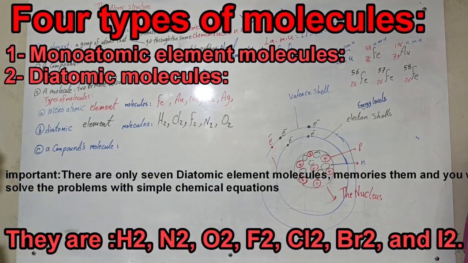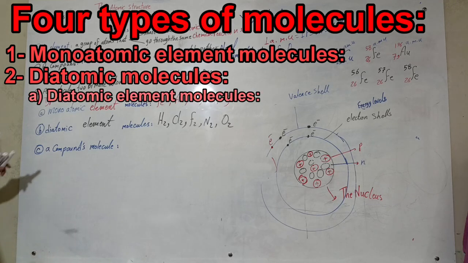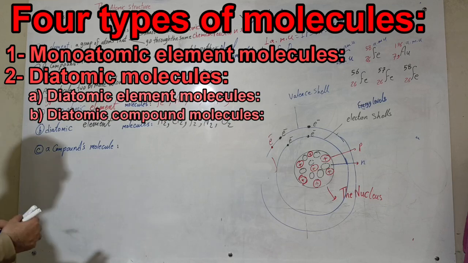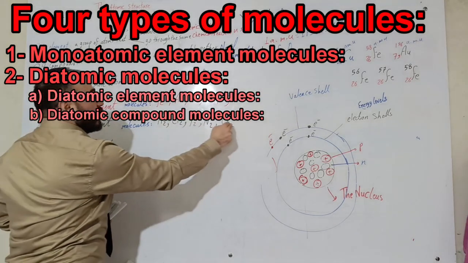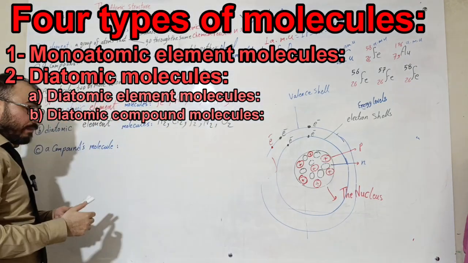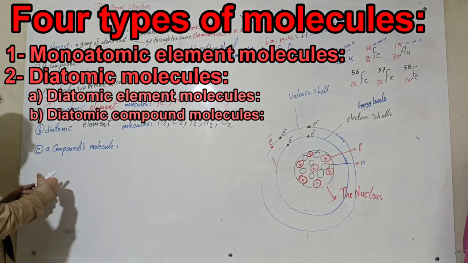Then we have a compound molecule. Generally, a compound molecule is different from the element molecule in terms of the types of elements. Here, the atoms of the same element are together, but here we have different elements.